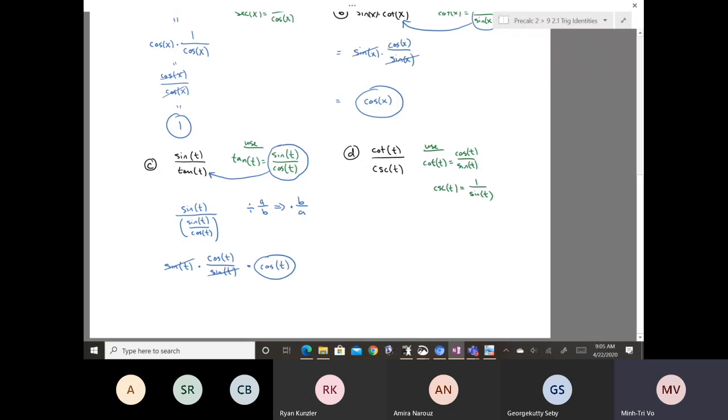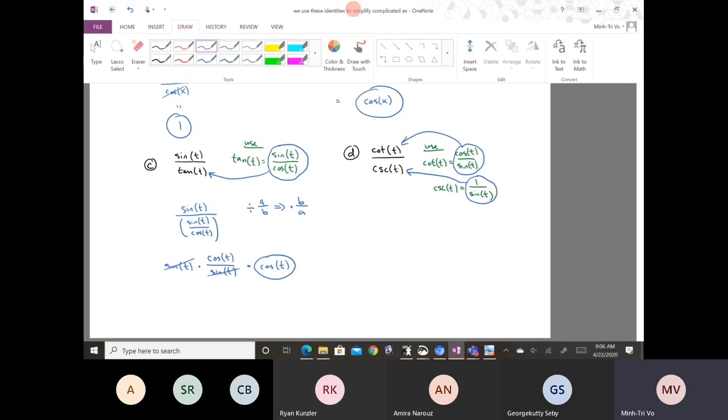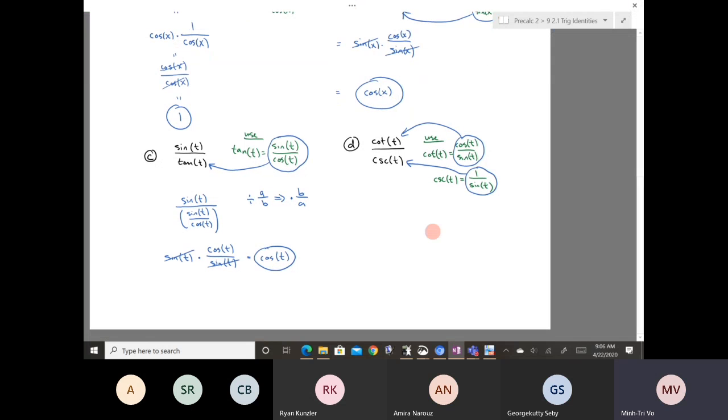Okay, so this goes in for cotangent, and this will go in for cosecant. Writing it out, what do I have? The numerator becomes cosine of t over sine of t.